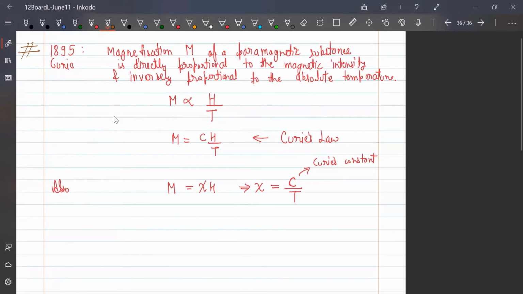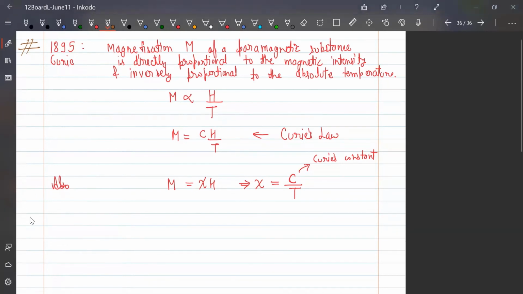Yeah, I'll give you a homework that you should write in your notes. Just refer to your book. So write a brief note on, first, paramagnetism. These questions are asked like this in board exams.